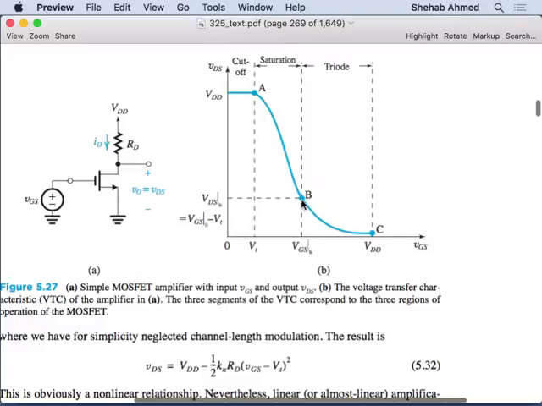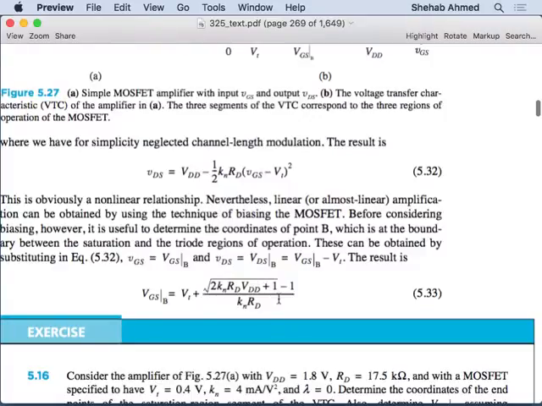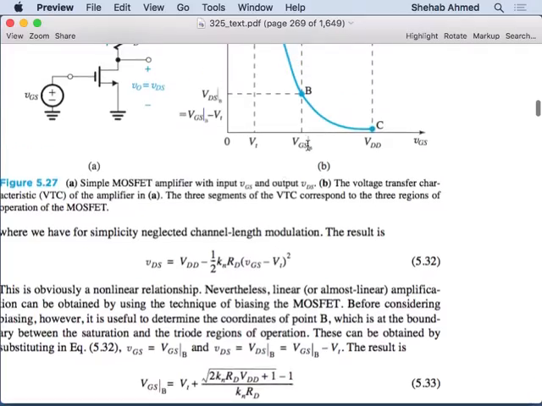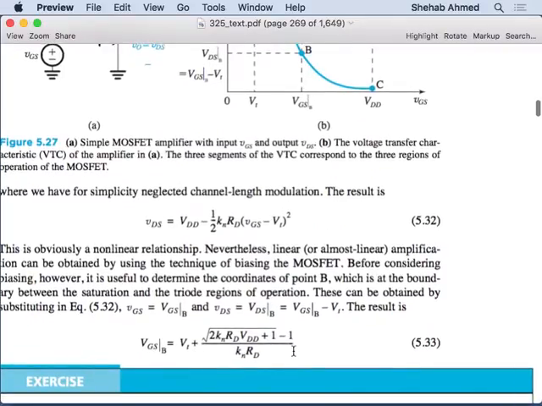This point VDSB happens where VDS is equal to the overdrive voltage. So what is this point equal to? We have to look at our parameters.